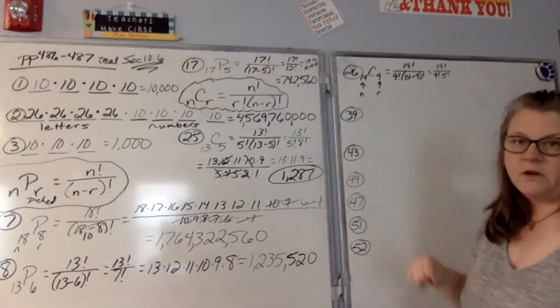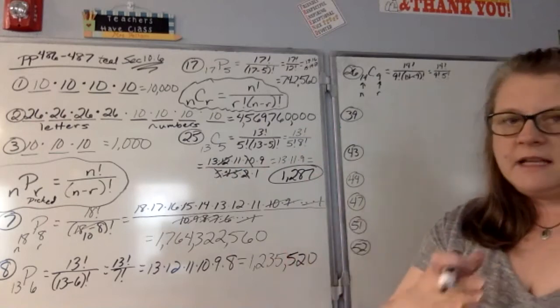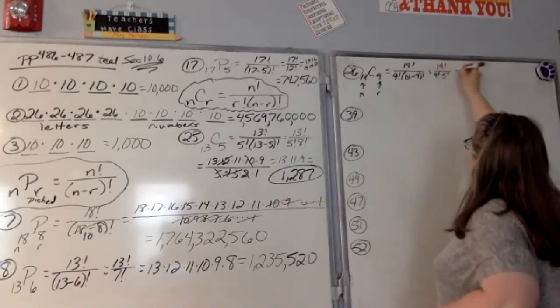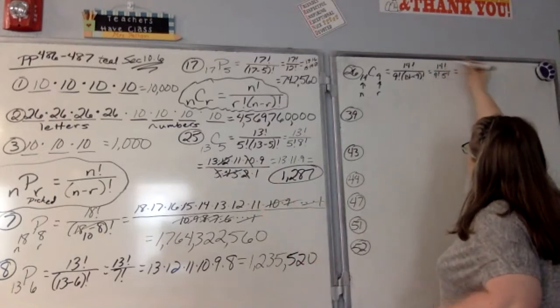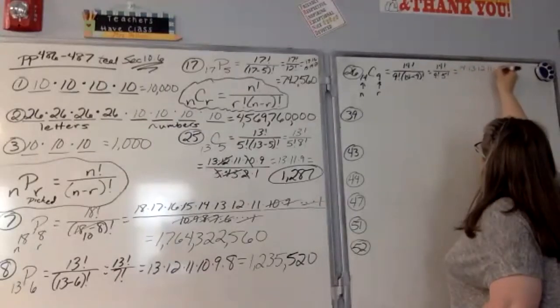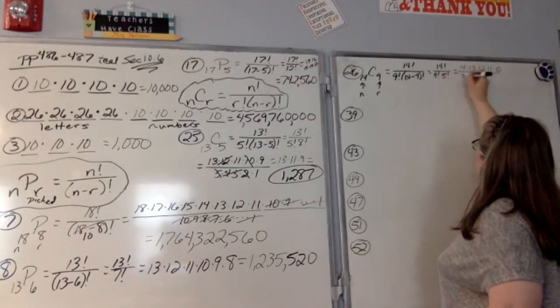It's the 9 factorial. So I'm still going to cancel that out. I'm going to get rid of the 9, 8, 7, 6, 5, 4, 3, 2, 1. So if I take out the 9 factorial, I have 14, 13, 12, 11, and 10 left on the top. And then for 5 factorial, 5, 4, 3, 2, 1.